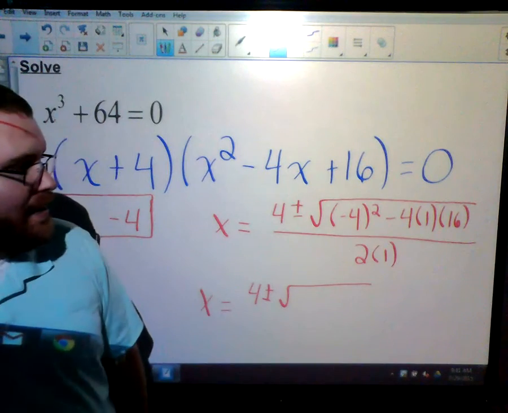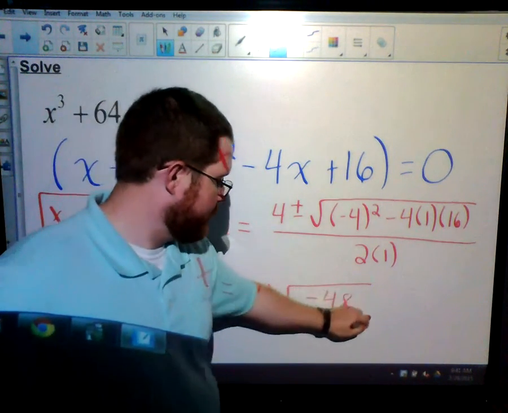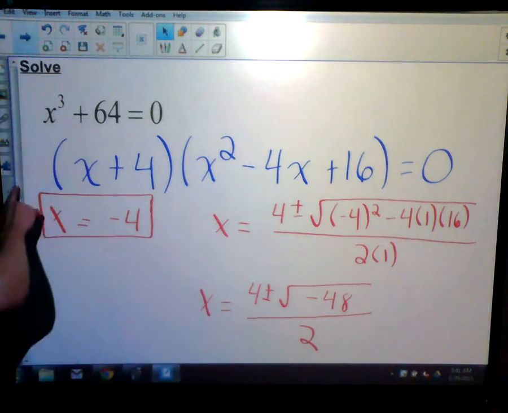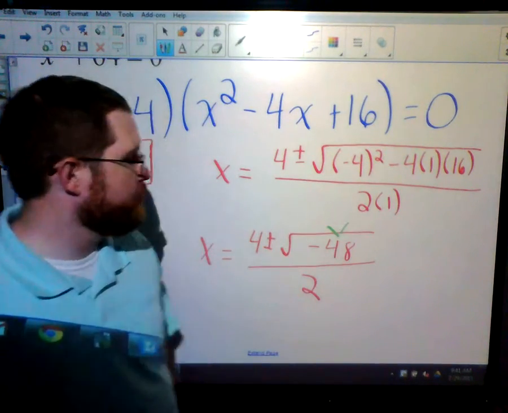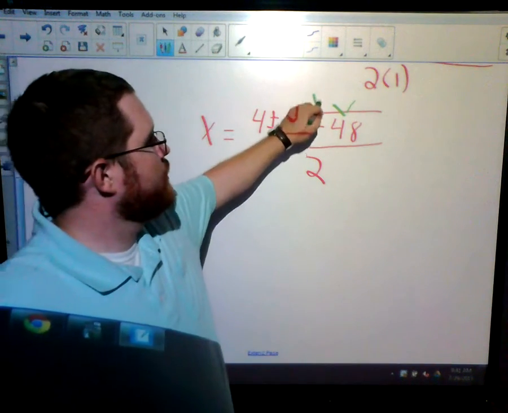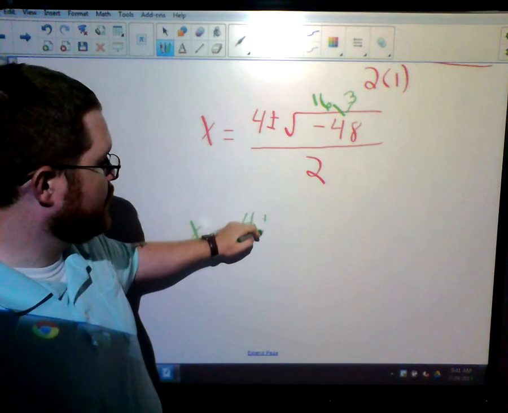That's 16 minus 64 is -48 all over 2. Well, give me two numbers that will multiply to 48, and one of them is a perfect square. 16 and 3. So I get x equals 4 plus or minus.